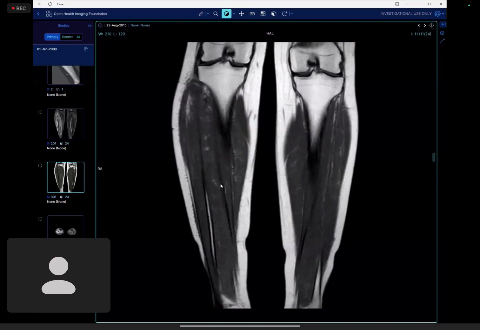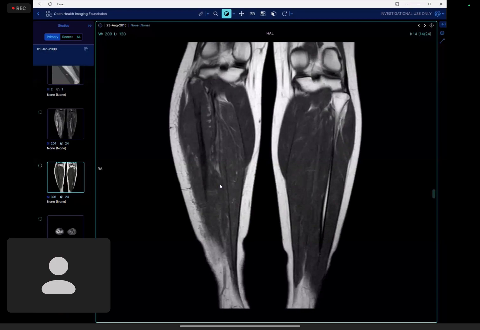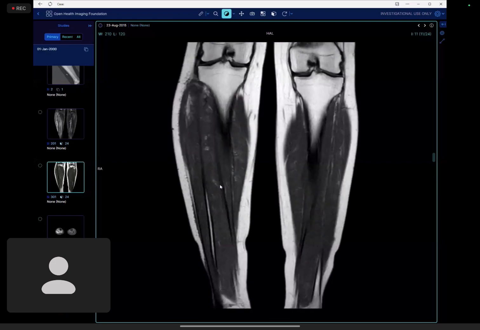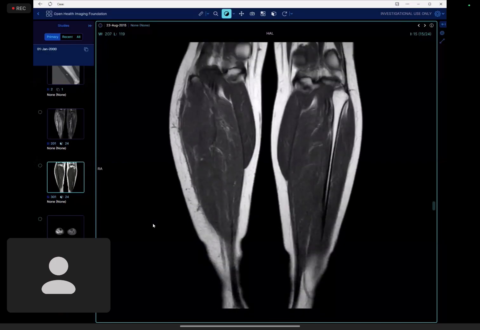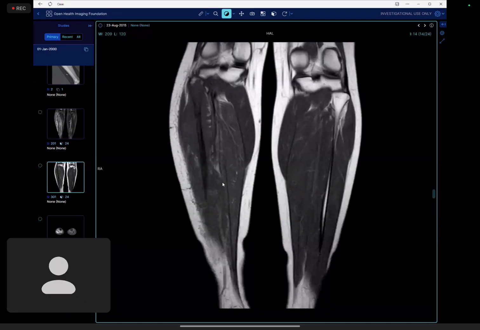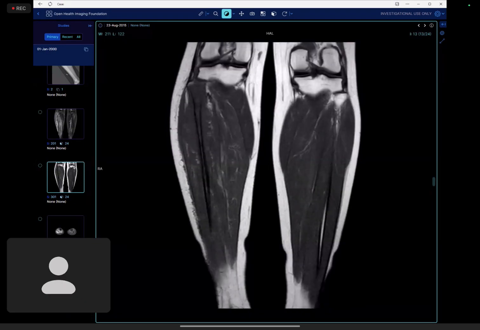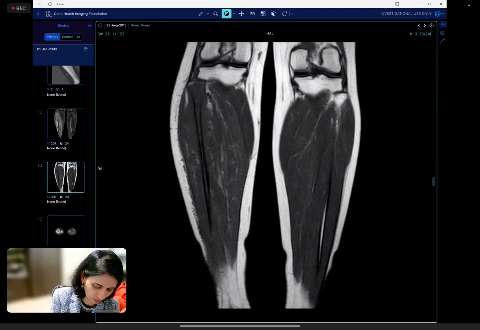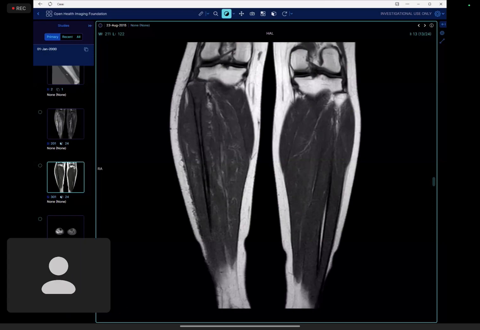Given that it is on one part of the fibula only, lymphoma may also be on the differential, but again, 45. Osteosarcoma may also be on the differential. Okay, so aggressive bony lesion, lymphoma, osteosarcoma.